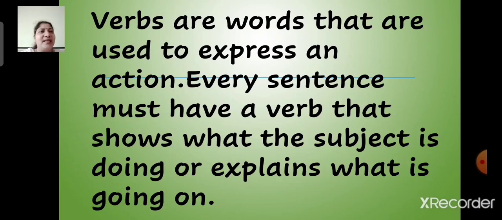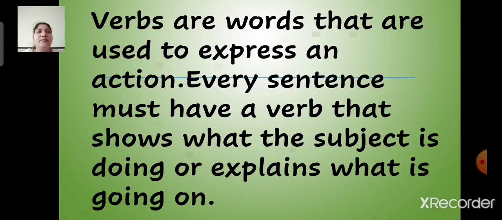Every sentence must have a verb that shows what the subject is doing or explains what is going on.